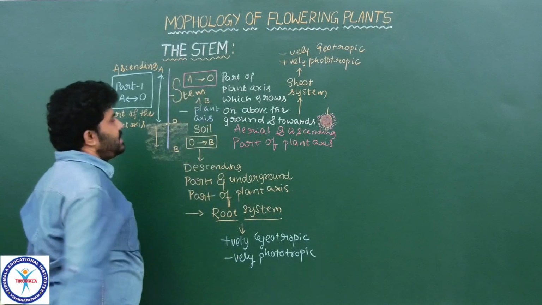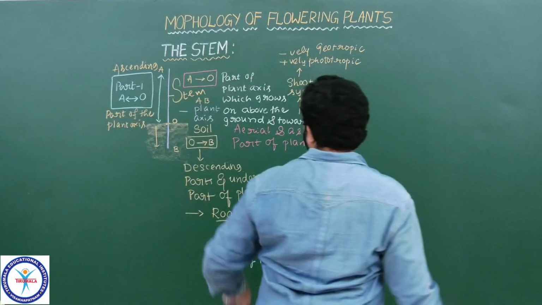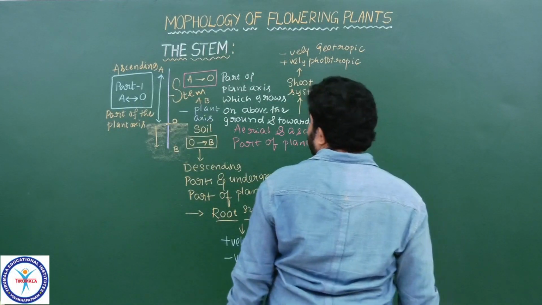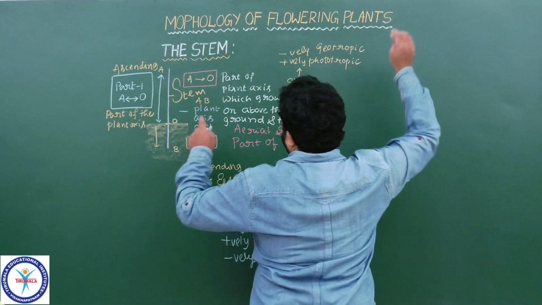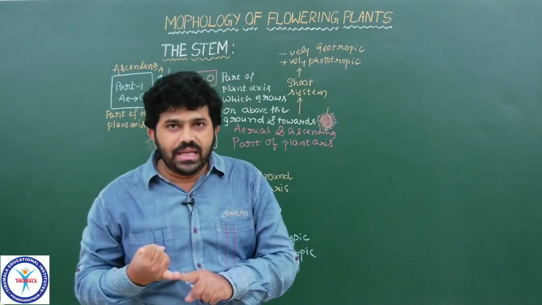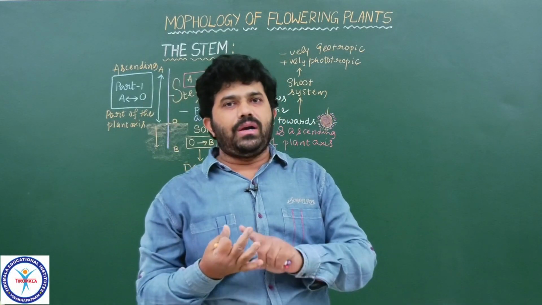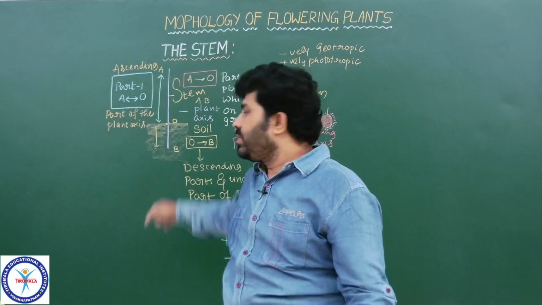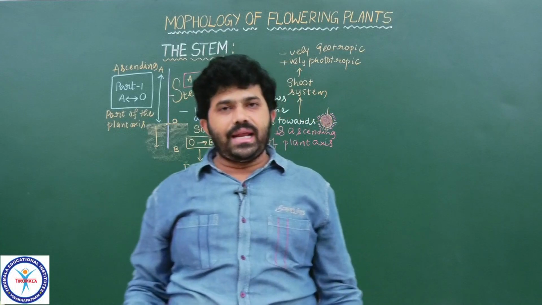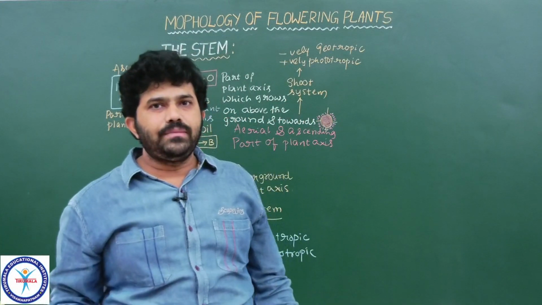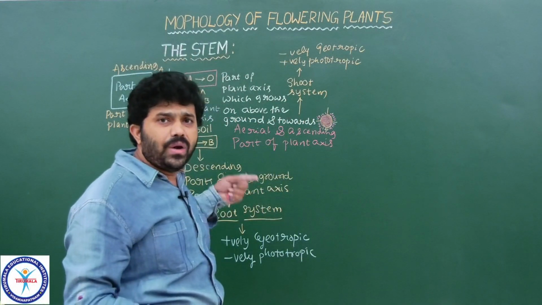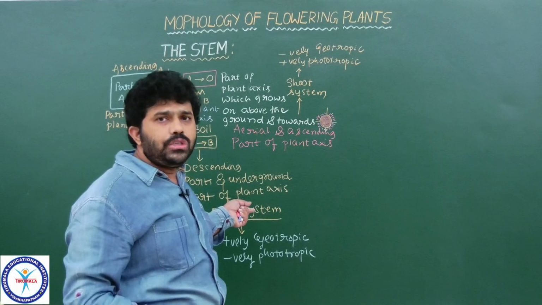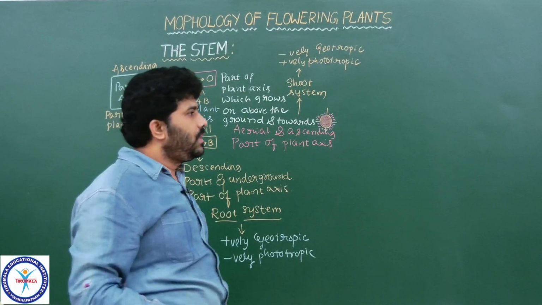Now our discussion is with stem only. So we understood, I think, what is aerial part, ascending part, descending part, and underground part like root system. Everything you understood, right? Now the second point. We understood what is phototropic and geotropic.